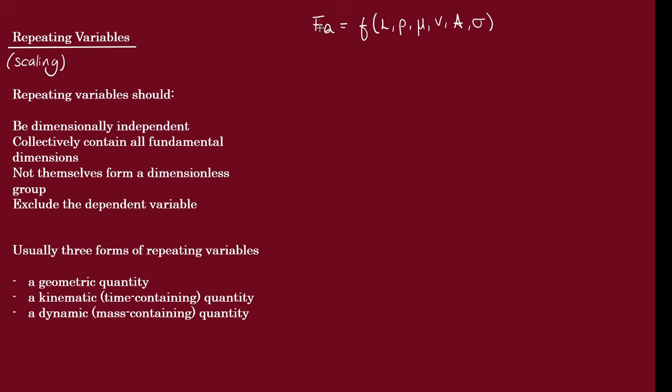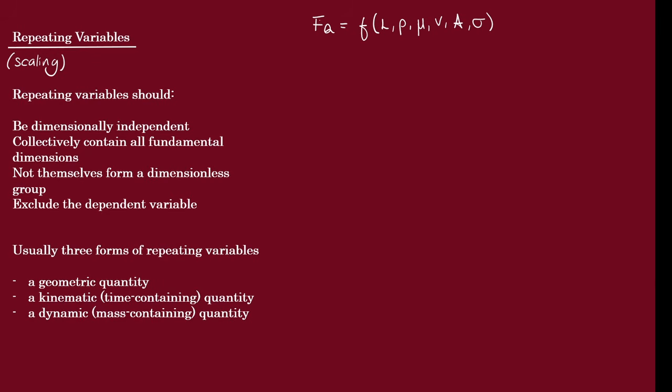Our imaginary dependent quantity f of q is a function of length, density, viscosity, velocity, area, and surface tension. So a repeating variable refers to a set of 3 variables that we're going to pick from the total variables we have here that are going to be unique enough to be repeated across the rest.